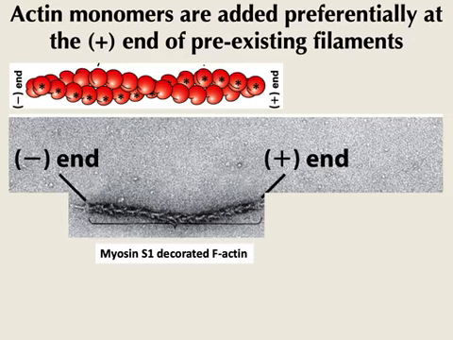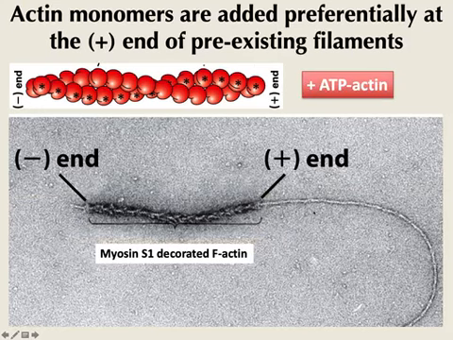Okay? And what the experiment consists of is to then supply actin monomers and see which side they go. So, this is the barbed end or plus end, and this is the pointed end or negative end. And if you add actin ATP, eventually what you get is this.